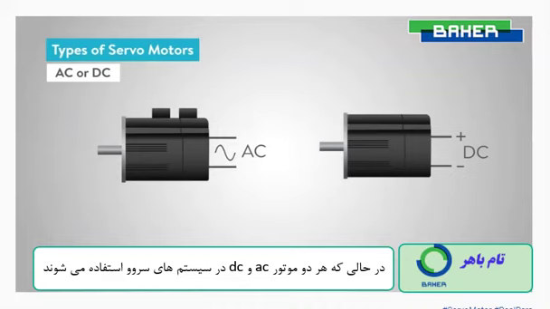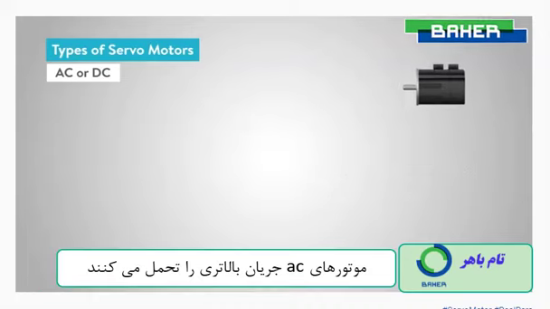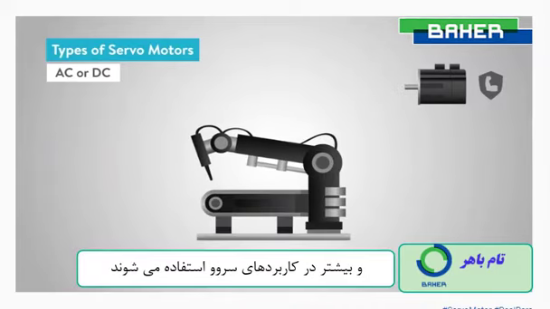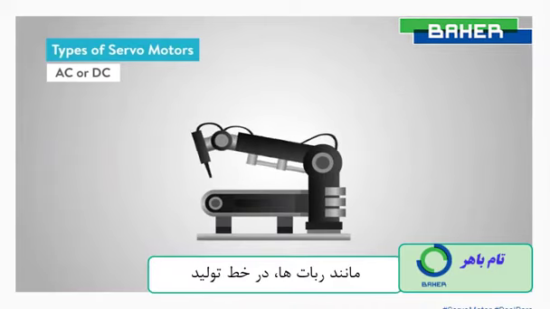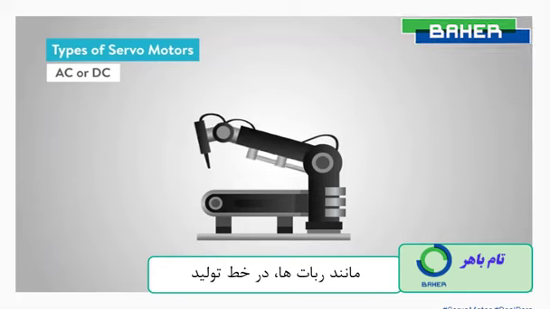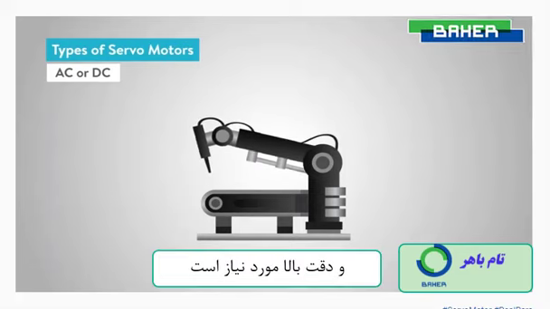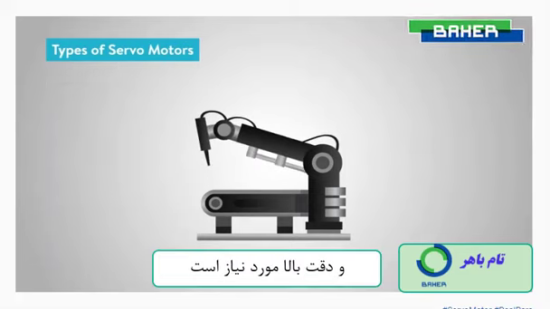While both AC and DC motors are used in servo systems, AC motors will withstand higher current and are more commonly used in servo applications such as robots, inline manufacturing, and other industrial applications where high repetitions and high precision are required.